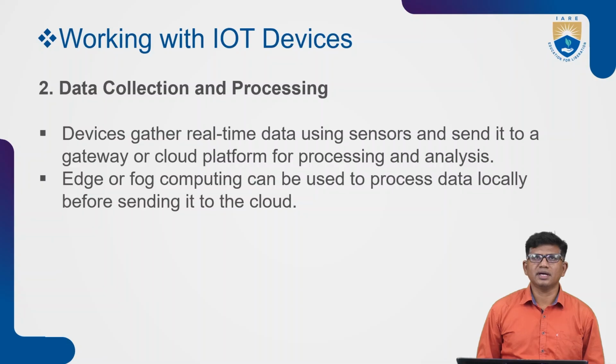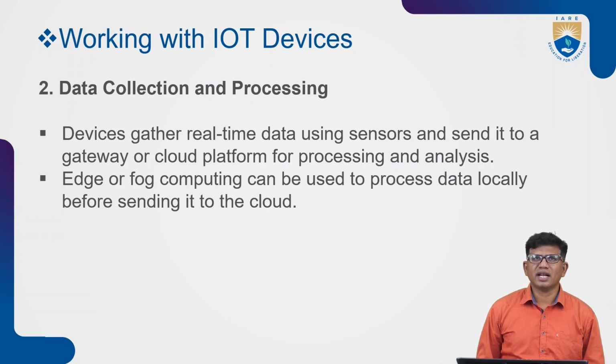The next one is data collection and processing. Here the devices gather real-time data using sensors. The sensors are the primary devices which collect data, and it is sent to a gateway or cloud platform for processing and analysis. That is the basic function of the sensors.